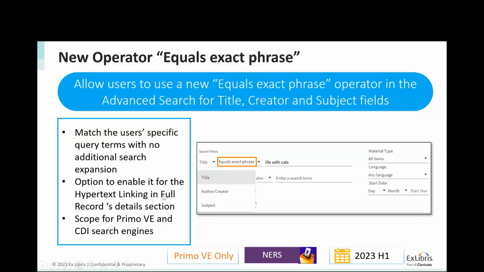We worked very hard to fulfill that, and it is in scope for both the Primo VE search engine and the CDI search engine. So if you are using blended scope, this will also be available while searching the CDI. And it's only available from the Primo VE, and it was a NERS enhancement initiated.